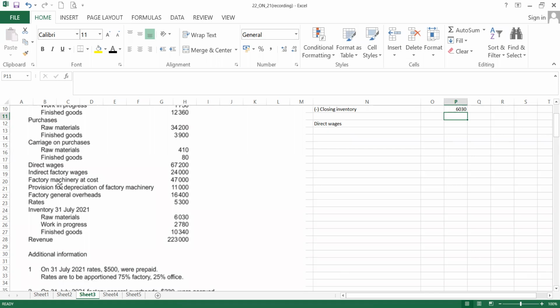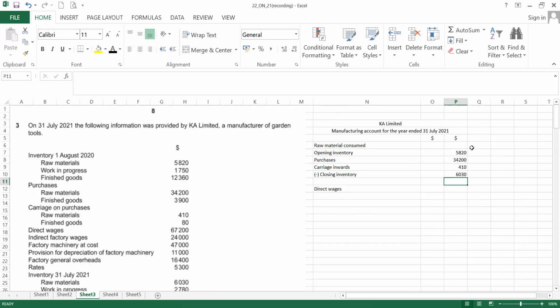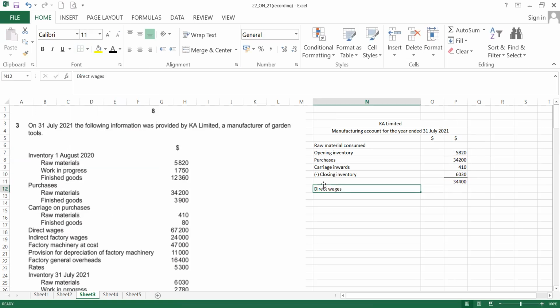There is no information about it, but there are expenses mentioned, so later on we need to take notes about it. So we calculate the amount first: opening plus purchases plus the carriage inward minus the closing inventory. Okay, this is the raw material consumed that we get.